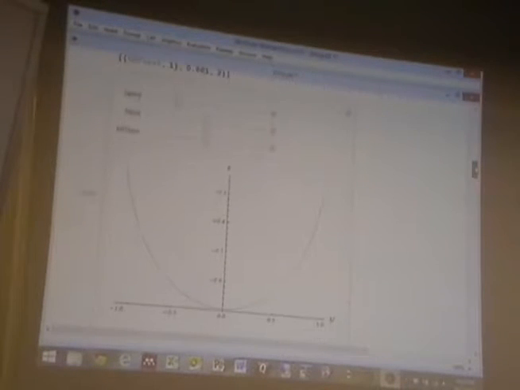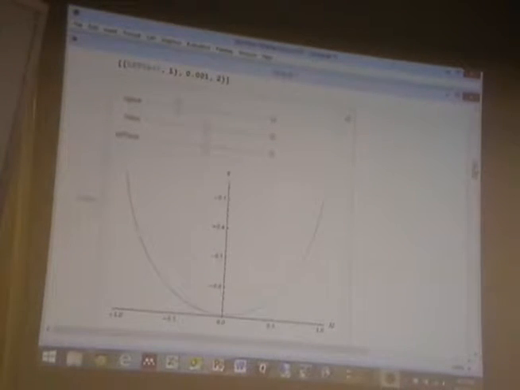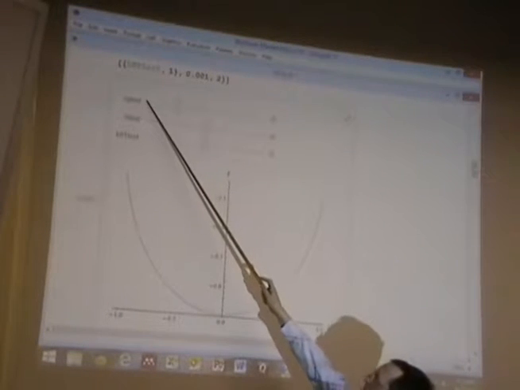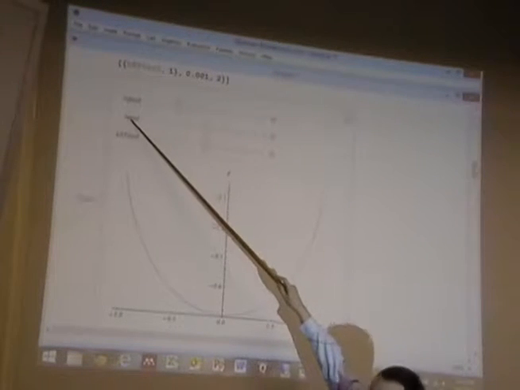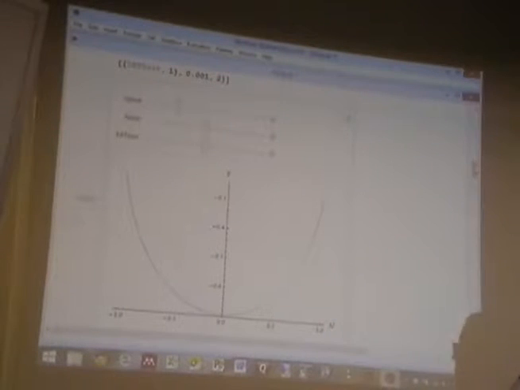Here is the plot, and with this Manipulate command in Mathematica, I can adjust the J parameter, or the h, the magnetic field, or the temperature. This is meant to look like little knobs in an experiment.